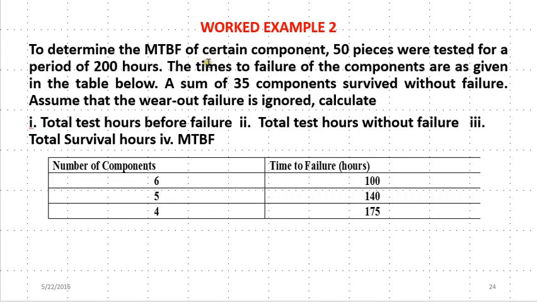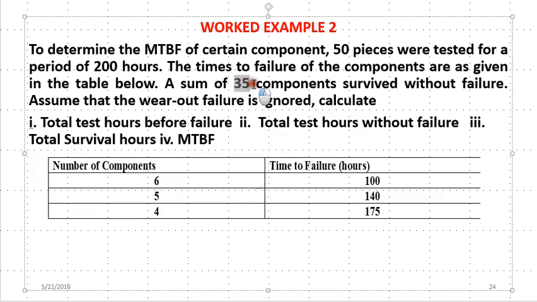Worked example number 2 says, to determine the mean time between failure of certain components, 50 pieces of those components were tested for a period of 200 hours, and the times for the failure of each component are given in this table, and a sum total of 35 components survived.